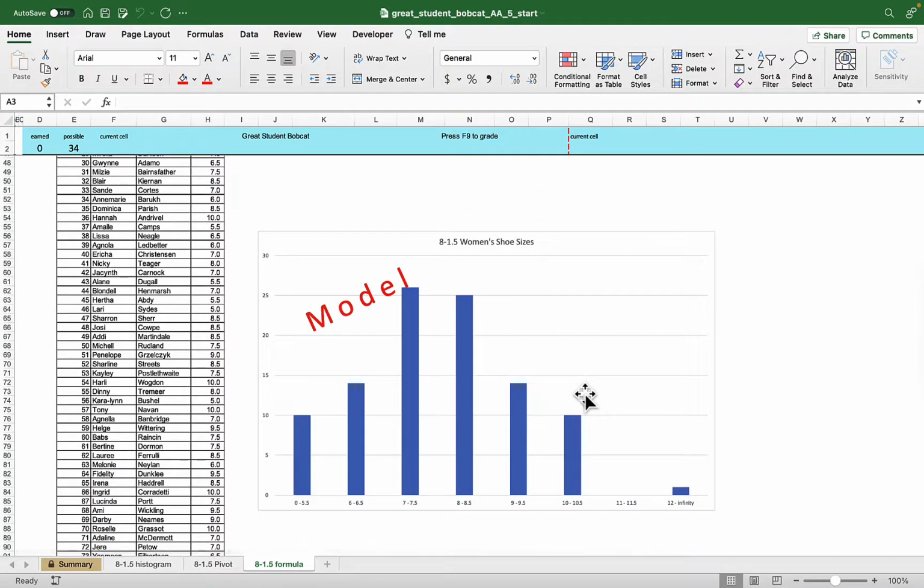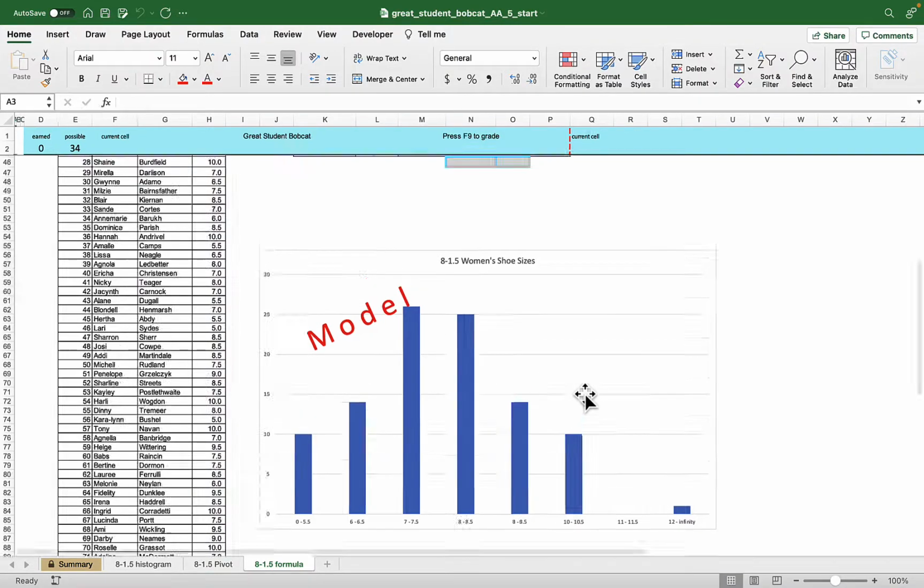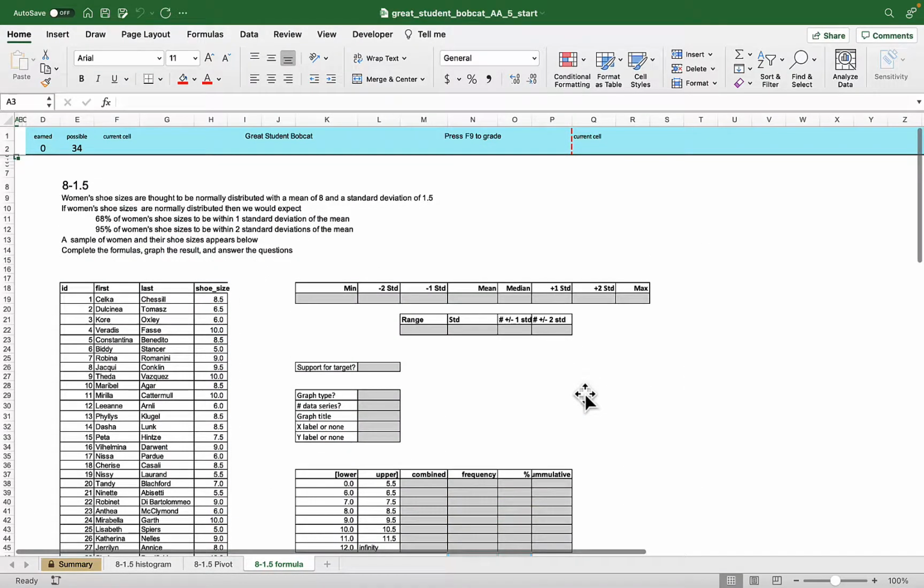Then you'll design a graph off of that. Now, why would you want to do any of this? If you were actually a shoe manufacturer or a shoe store and you're going to stock shoes, wouldn't you like to know how many of each shoe size to buy to stock your store? If shoe sizes are normally distributed, this gives you a very good idea.